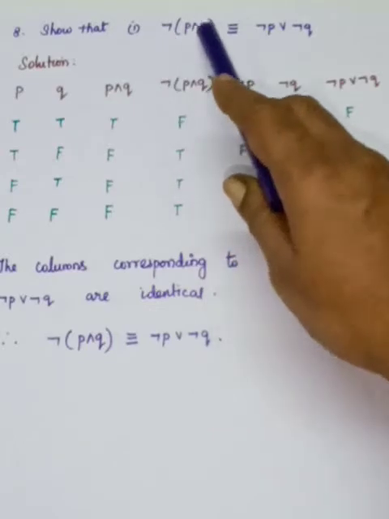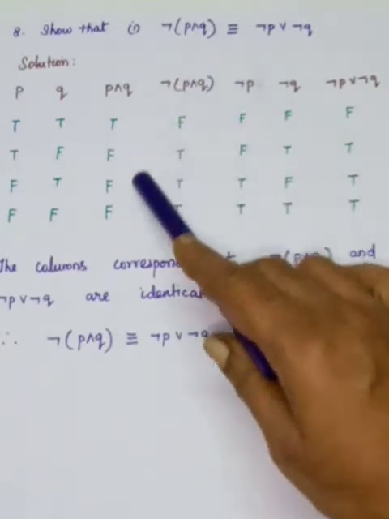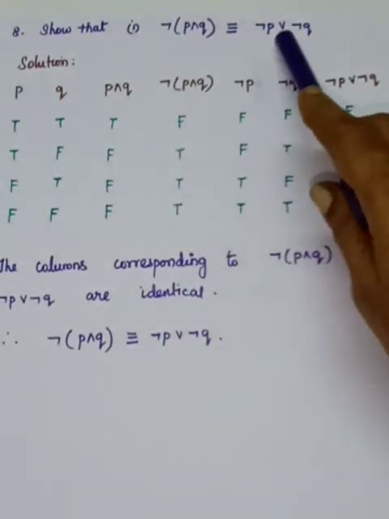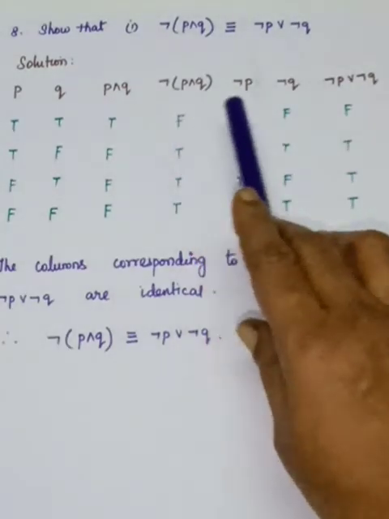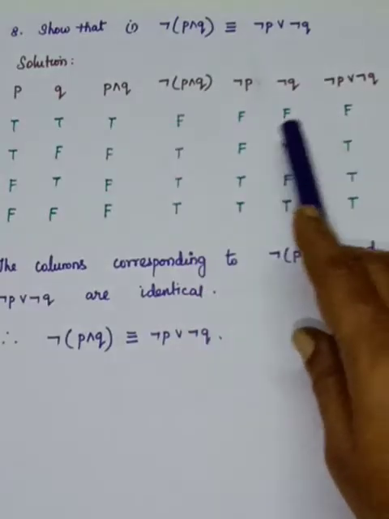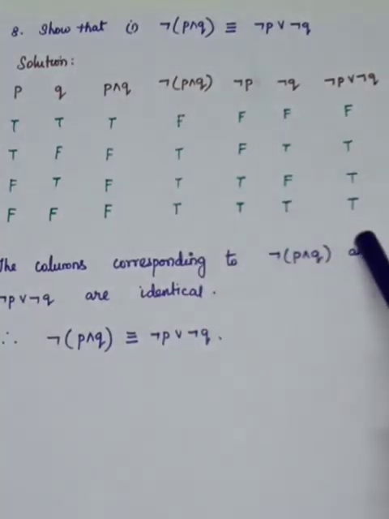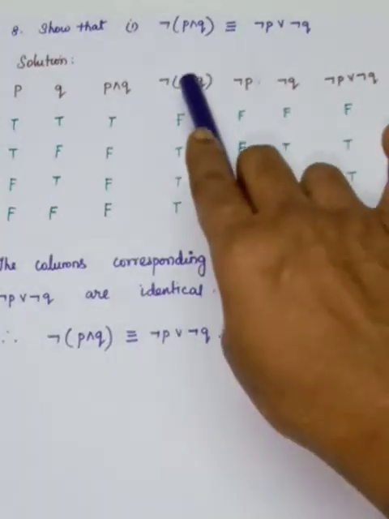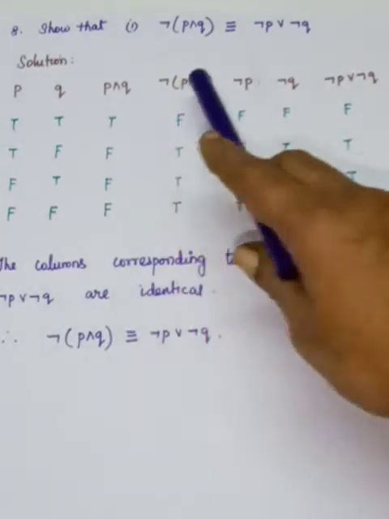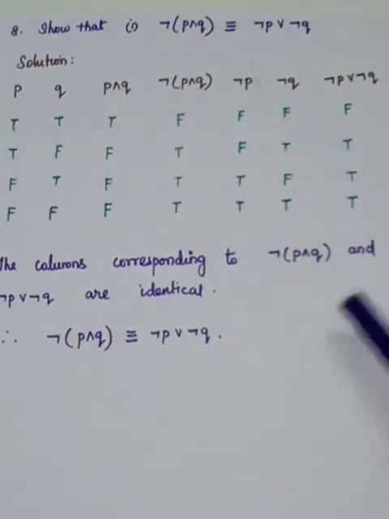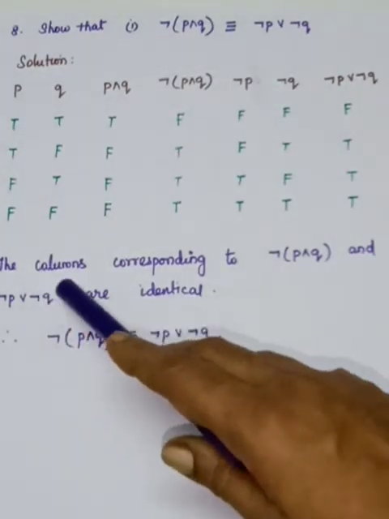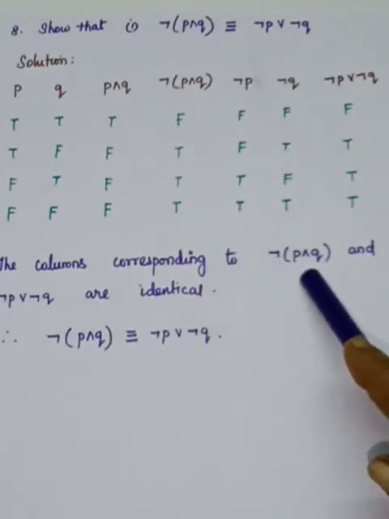So negation of P and Q is the 4th column, and this result is in the last column. You look at the 4th column and the last column: you see that in the first row both have F, and the remaining are T. Here also you are having the same thing. So the truth values corresponding to the first statement and the truth values corresponding to the second statement are identical. So therefore the two statements are logically equivalent. That's why I have written the columns corresponding to this one. Which column?